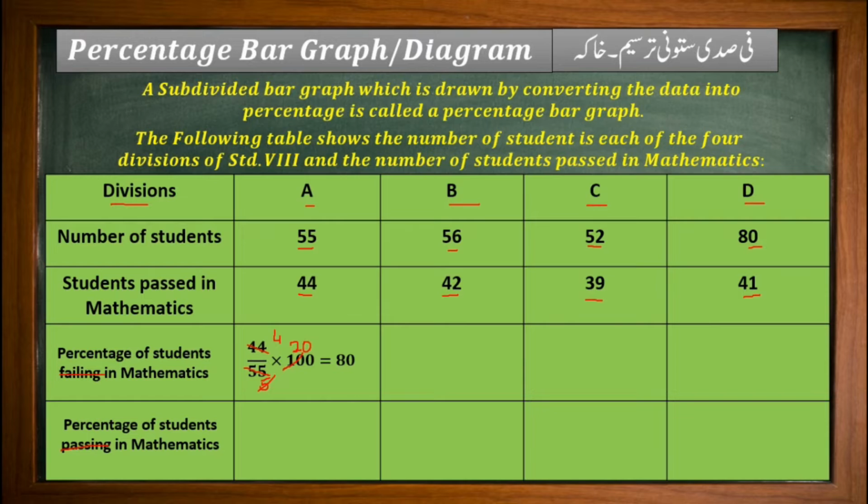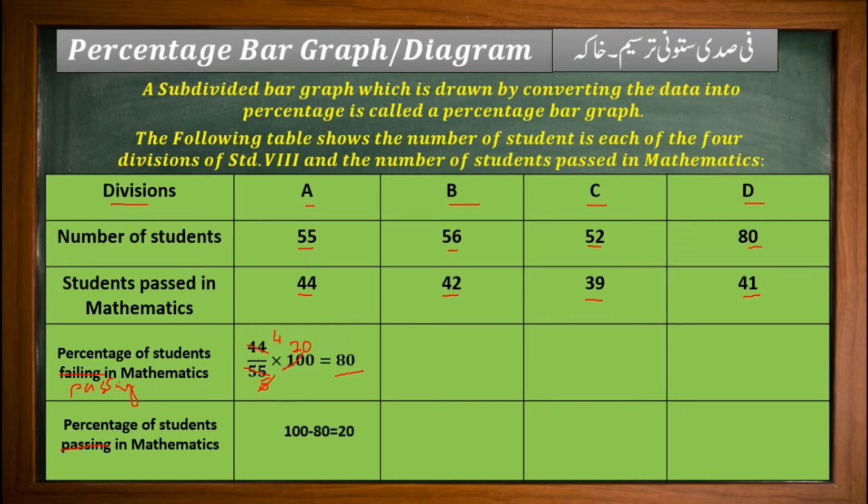So 4 twenties are 80. So the passing percentage is 80.